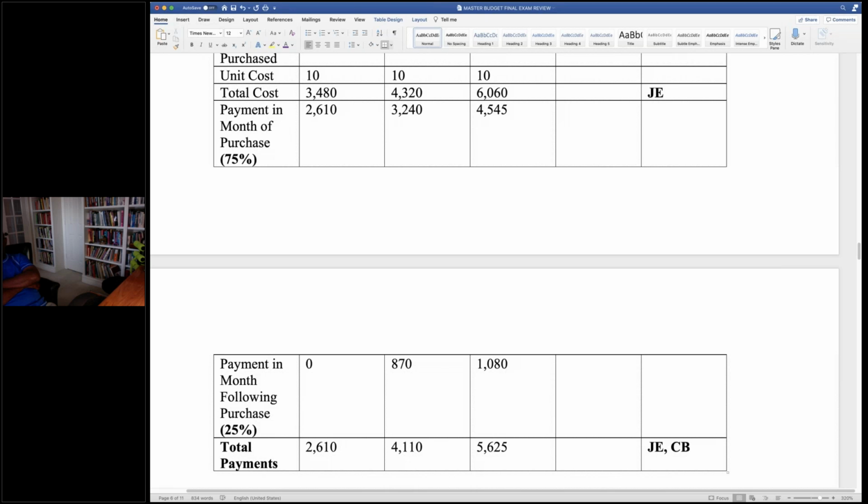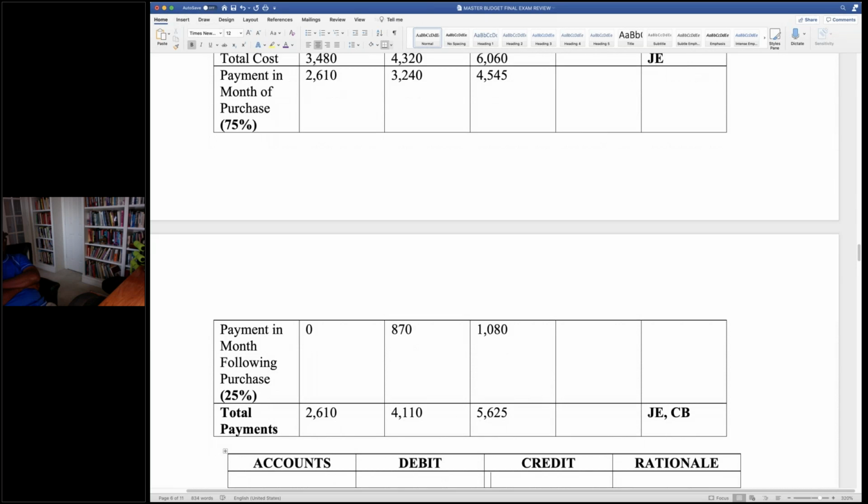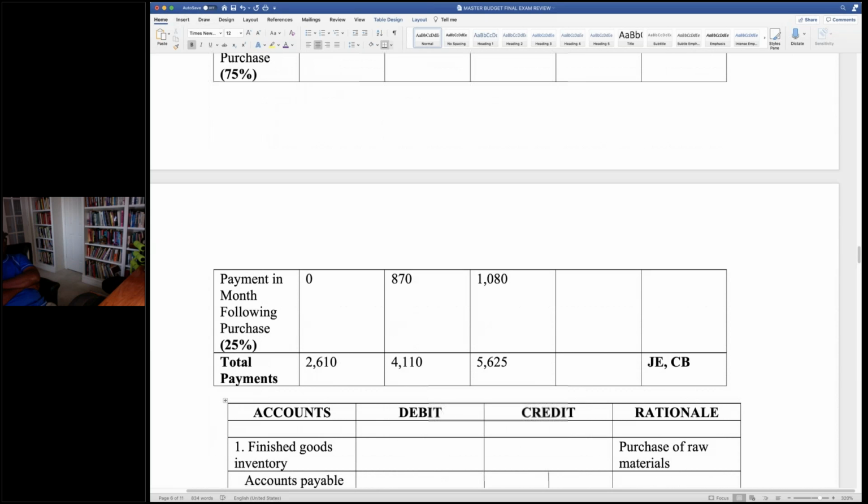Oh, we're making moves. Okay. All right, so we're gonna move that 5,625 down to the cash equipment.